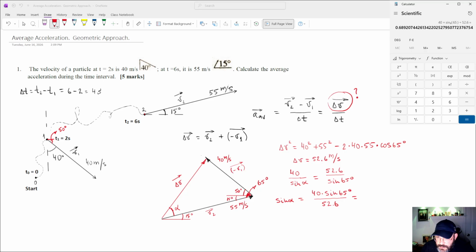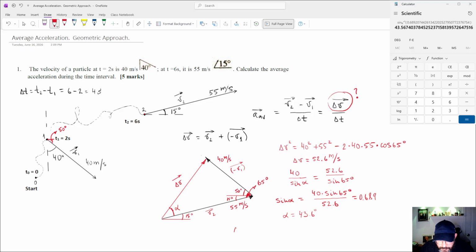Okay, so let's see. So this is 0.689. Okay, and let's take inverse sine of that. So this is 43.6, right? So angle alpha is equal to 43.6 degrees.